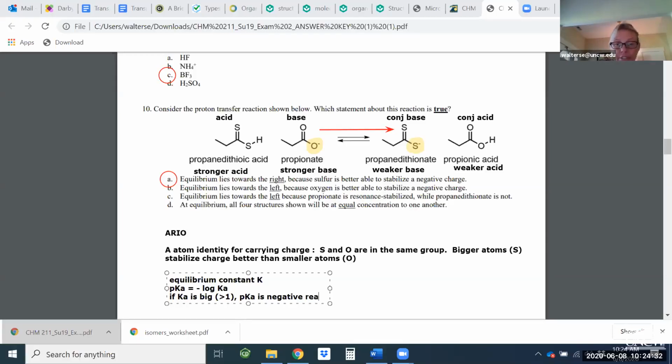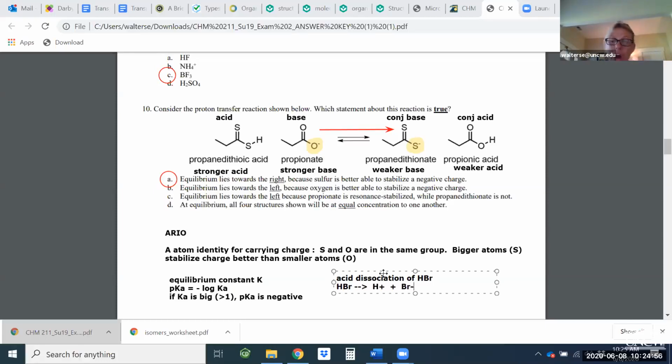Then the reaction is product favored, not reactant favored. So for example, if you took the acid dissociation of HBr, HBr will make a proton plus a bromide.